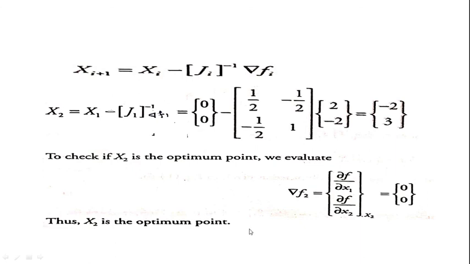But if by chance we don't get this value as 0, 0, then it is necessary to calculate the next value, that is x3. The formula for x3 becomes x3 equal to x2 minus J2 inverse and del f2. This procedure will continue till we get the optimum point.